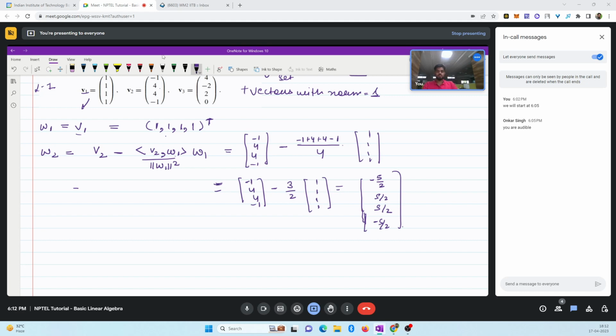Okay. Now, similarly, we need to obtain the third element also. So your W3 is V3 minus projection of V3 onto W1, minus projection of V3 onto W2.